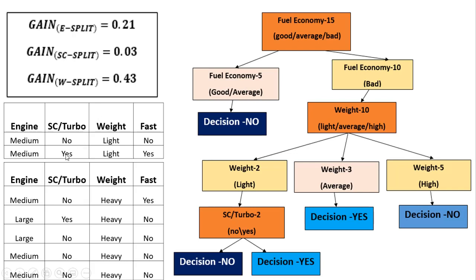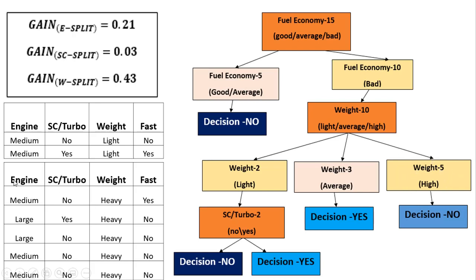Similarly, when the car has SC turbo, then the car goes fast. See, this is how we decided. So in the lightweight case, when the car has an SC turbo, the car goes fast. When the car does not have SC turbo, the car does not go fast. It got decided. And the next case is the heavyweight cars.